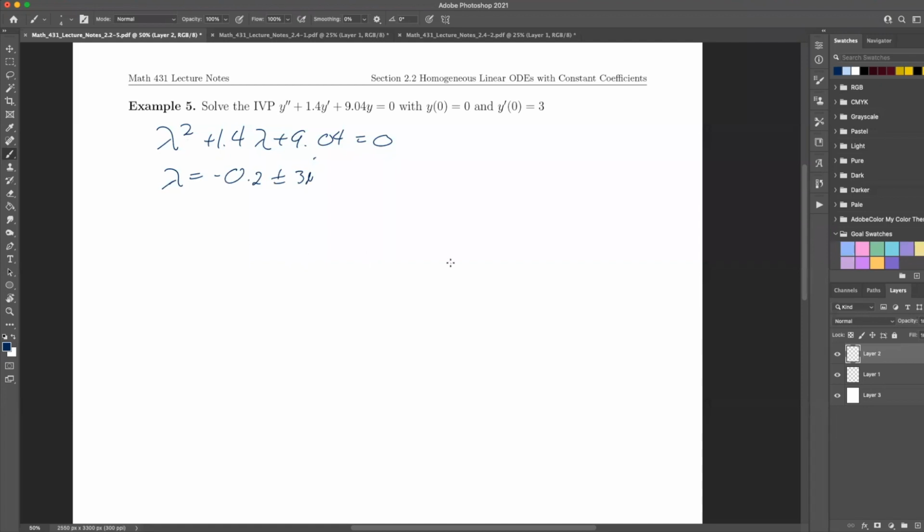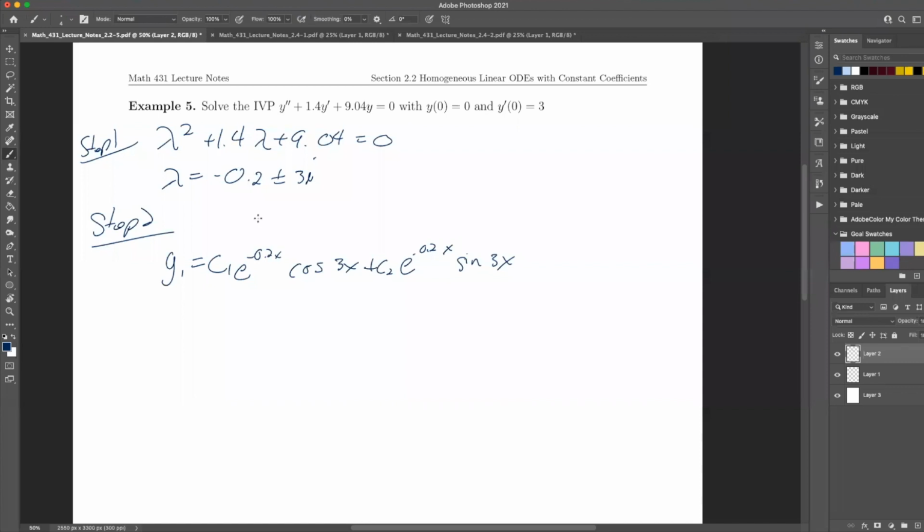And so here we have the complex one. Step 1 was to solve this. Step 2, depending on our solution, we're going to write out a general form. This is complex, so my general complex solution is the following: C1 e to the minus 0.2x cosine of 3x plus C2 e to the minus 0.2x sine of 3x.